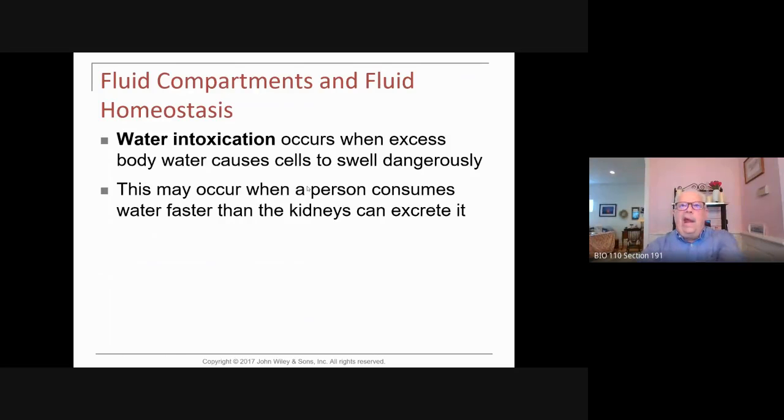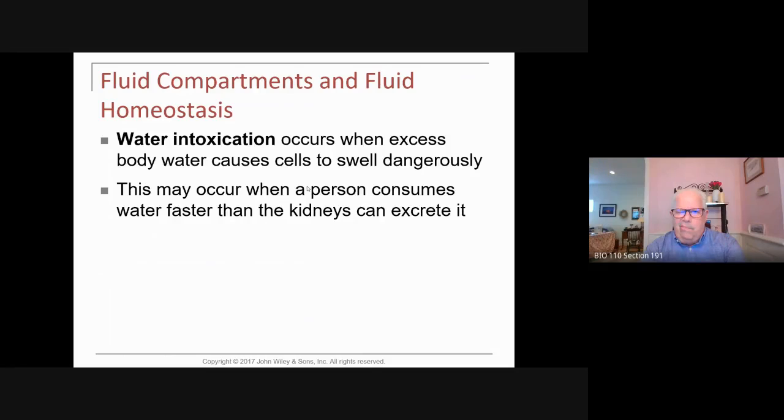There is a rare disease called water intoxication. It is usually a psychiatric disease. People can't get enough water. I have seen this. Now, I practiced medicine in the ER for 40 years, and I think I've seen maybe 3 cases of water intoxication.